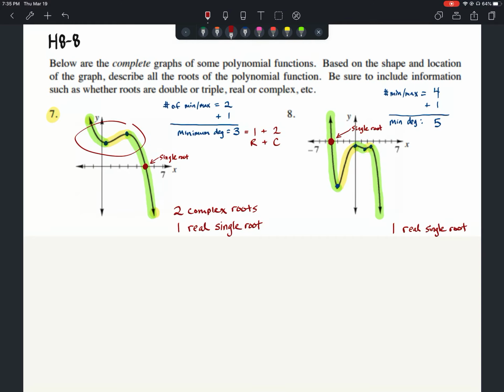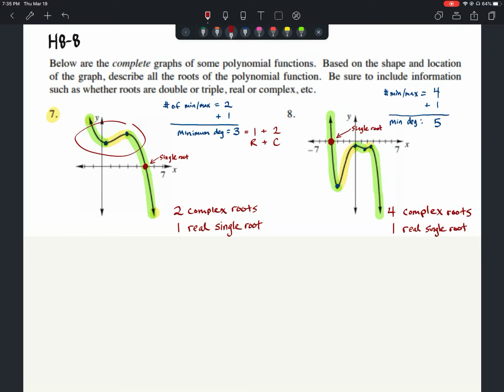And then with our complex roots, we would have to have 4 of them because 4 plus 1 is going to give us 5. And we don't know if those are going to be double, triple, all that kind of stuff here. They could be double, but we'll just go ahead and say this is 4 complex roots.